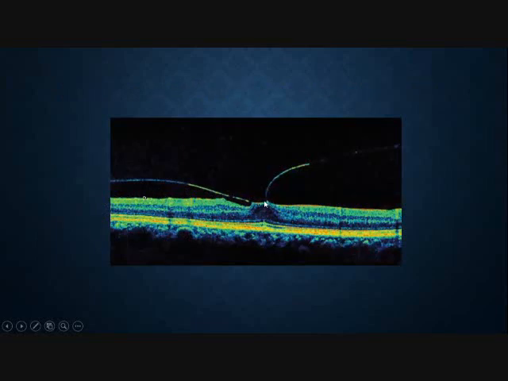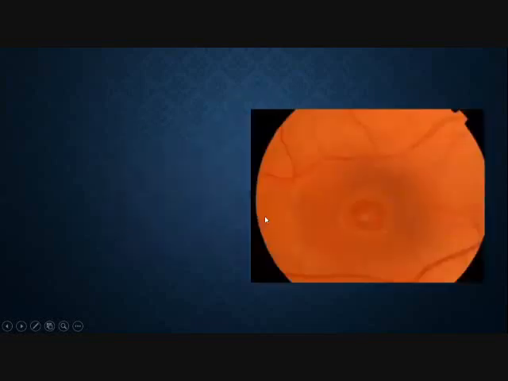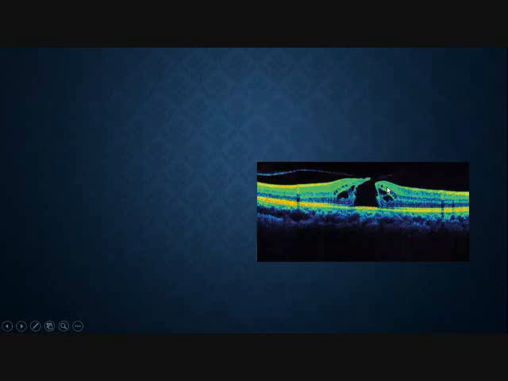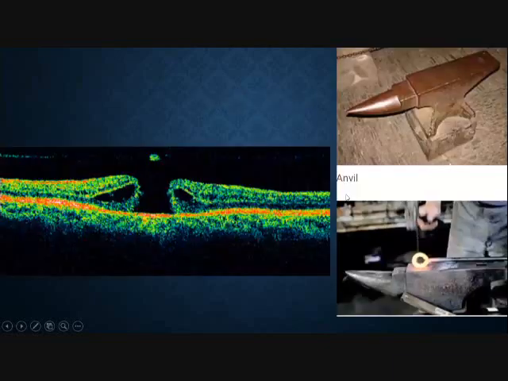When the surface contour is changed, there is increase in the thickness, and this is called vitreomacular traction. And this is full thickness macular hole, and you can see an area of edema along the margins of the macular hole. So this is a small full thickness macular hole, and there are cystic cavities, fluid filled cavities, there is edema around the macular hole.